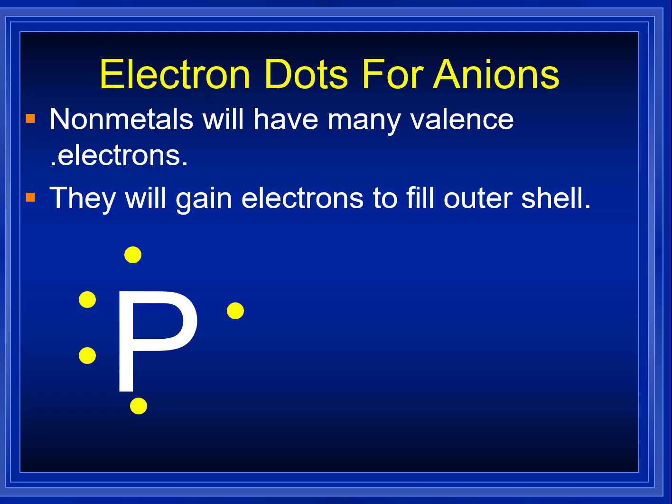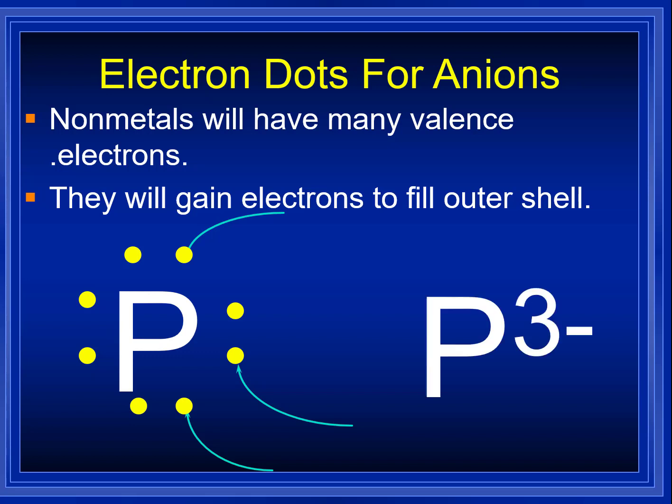So how many would it take to fill up phosphorus? 1, 2, 3. It took 3 electrons to fill up phosphorus. So it's going to make an ion with a 3- charge, which we would have predicted from electron configurations yesterday on the test, right? Phosphorus is here. It looks like a noble gas. It'd have to gain 3 electrons.